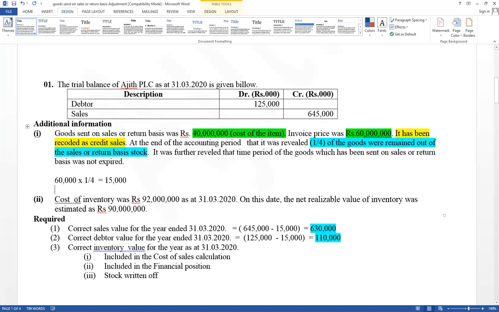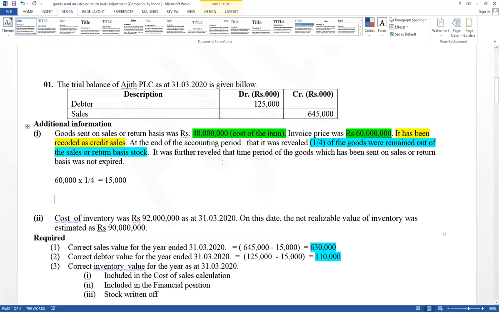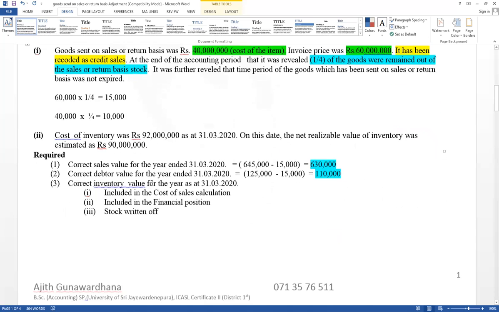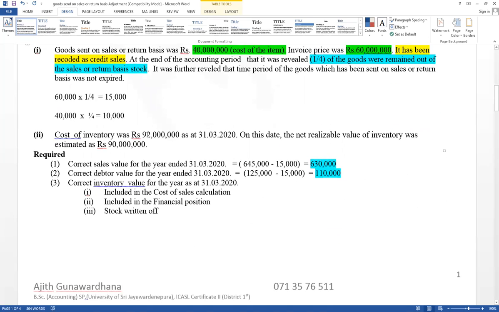Therefore, based on cost value equal to 40,000, 1/4 of that value, based on cost value, equals 10,000. It should be considered as closing inventory. Therefore, for the cost value of inventory, this is the inventory available at the store.